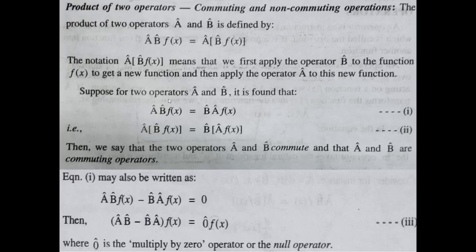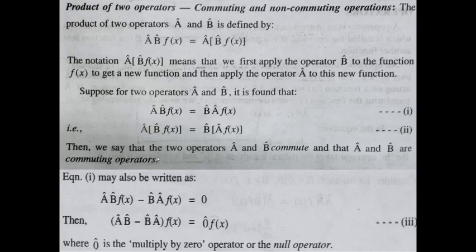Suppose for two operators A and B, it is found that A B f(x) equals B A f(x). That means A operator acting on the function of B operator acting on f(x) is equally true if we write B operator acting on the function of A operator acting on f(x).